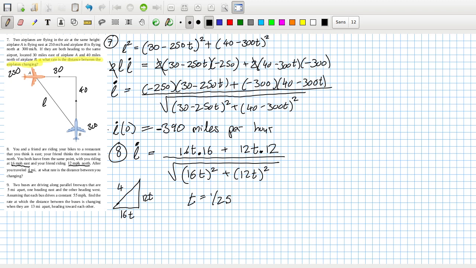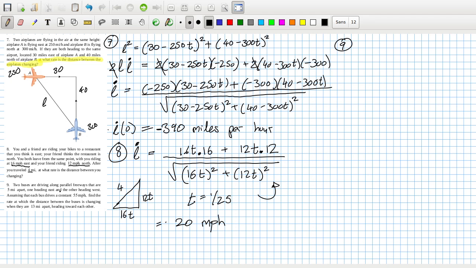Okay, so subbing that in, we'll get 20 miles per hour. Yeah, that seems bigger than I thought. Would it? No, guess not. Okay, 9.